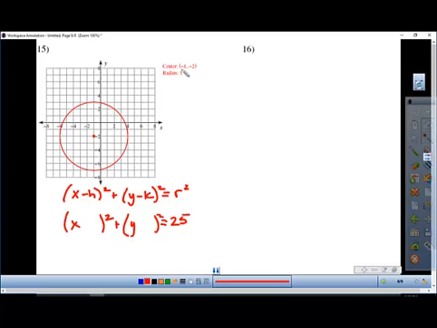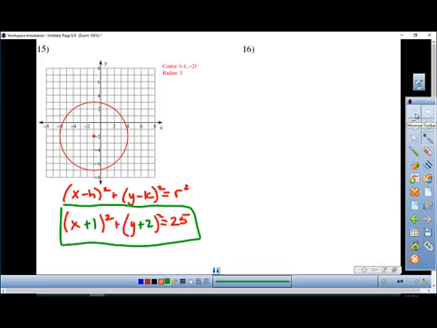So if the center is -1, that means it's going to be a +1 here. And then -2, that means it's going to be a +2 here. And that's how we come up with the equation when we're given just the center and the radius. It's really easy. Circles are probably the easiest one.